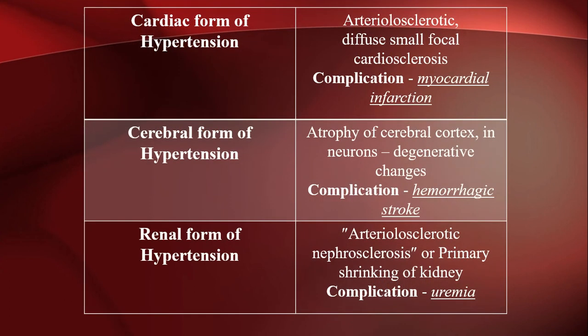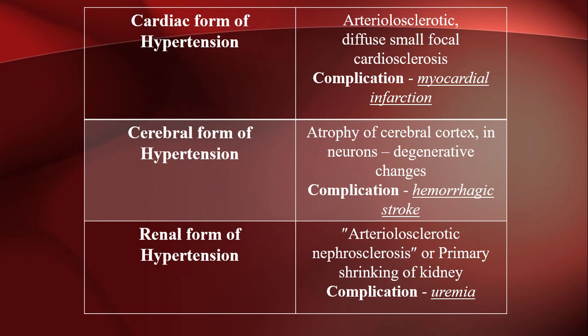In the cardiac form of hypertension, we find in the wall of the heart arteriosclerotic diffuse small focal cardiosclerosis, which if activated in the acute phase is complicated by myocardial infarction.